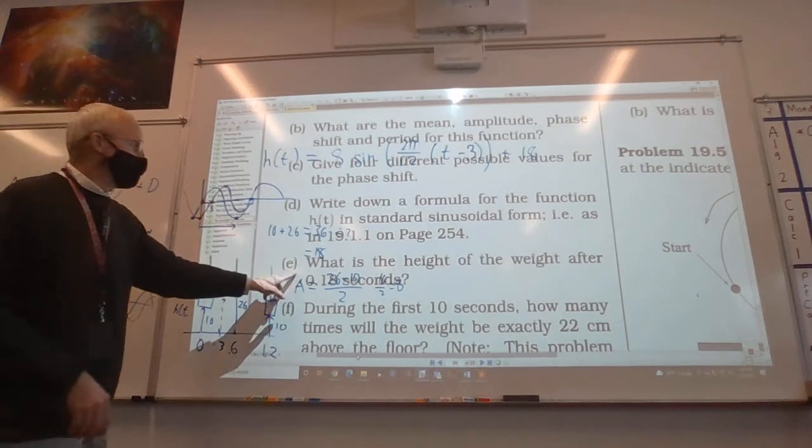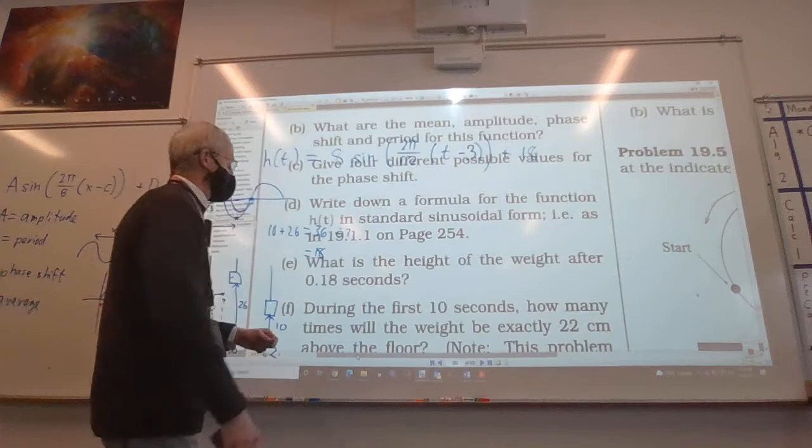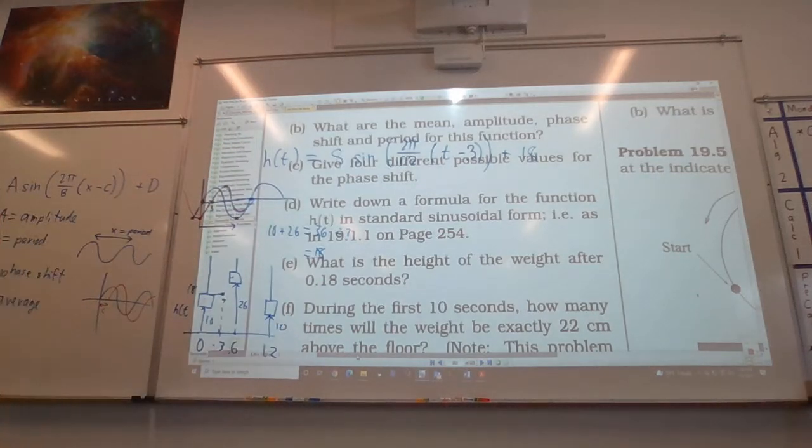Now they're saying, what is the height of the wave after 0.18 seconds? So basically for E, you plug in 0.18 and it's a calculator problem. It's not easy. Make sure you have your calculator in radians. Wait, sorry.